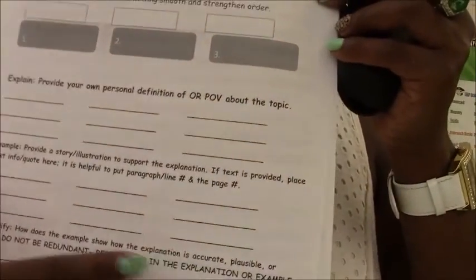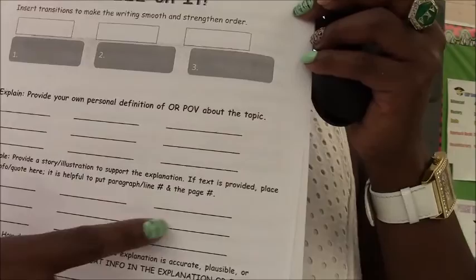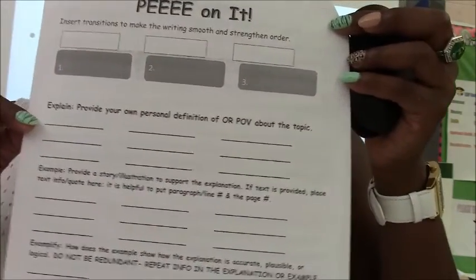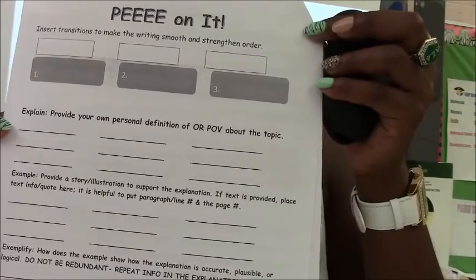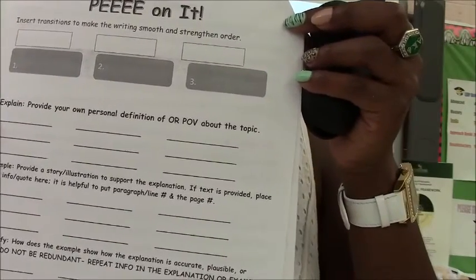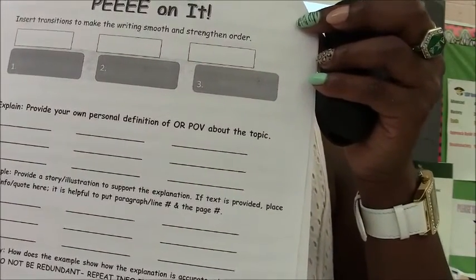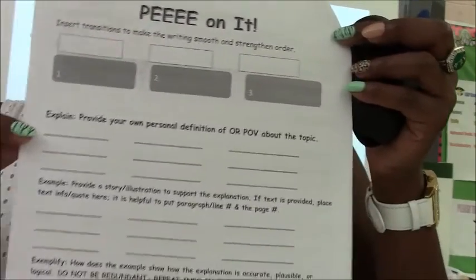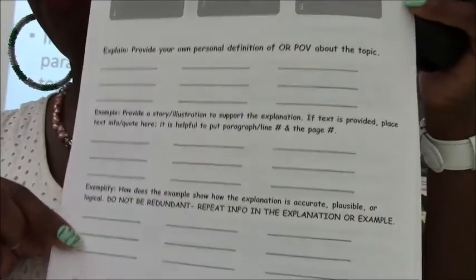If you look down, they have spaces on the sides right here where they can easily go in and write transitions like, for example, to explain, most notably, those types of transitions.